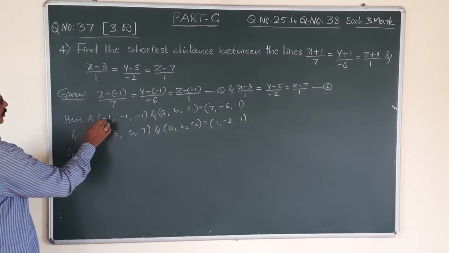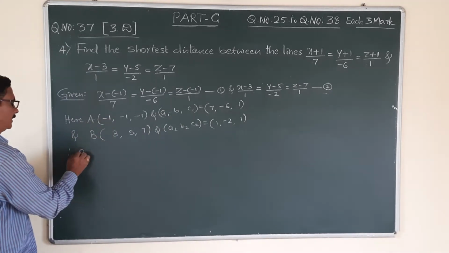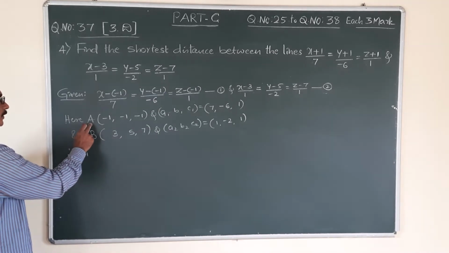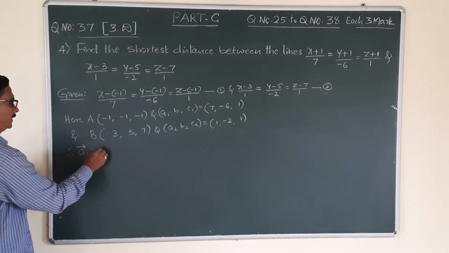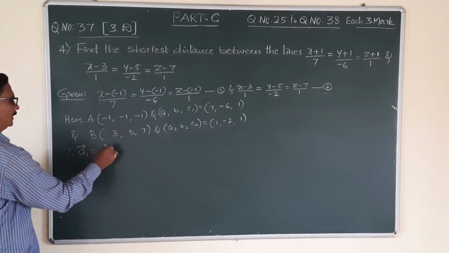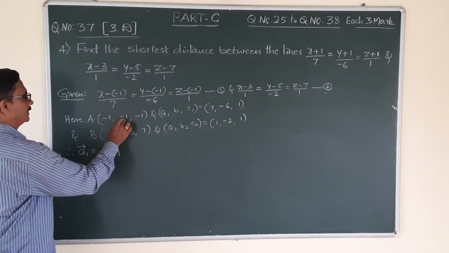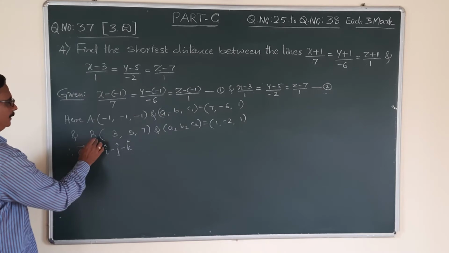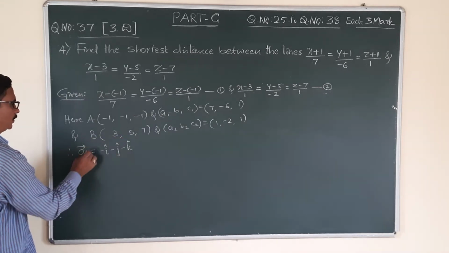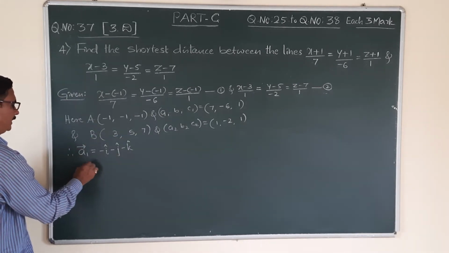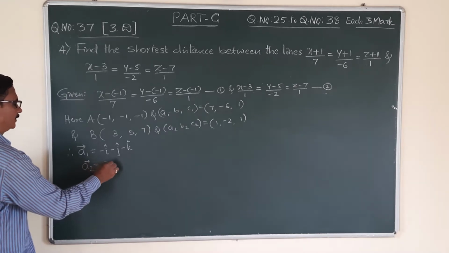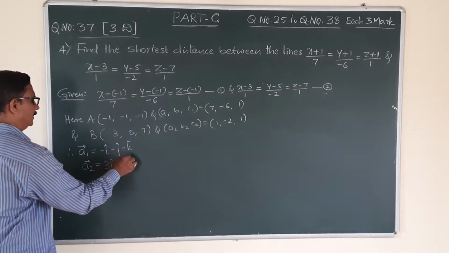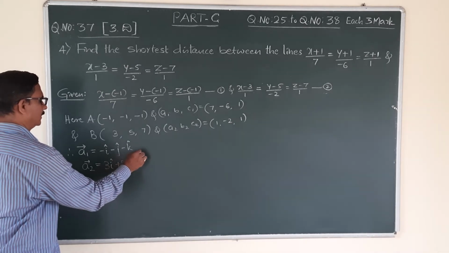Therefore, to convert points into position vectors, a is the point, its position vector OA, represented by a1 vector, is equal to minus i minus j minus k, right? And b is the point 3, 5, 7, its position vector OB, represented by a2 vector, is equal to 3i plus 5j plus 7k.